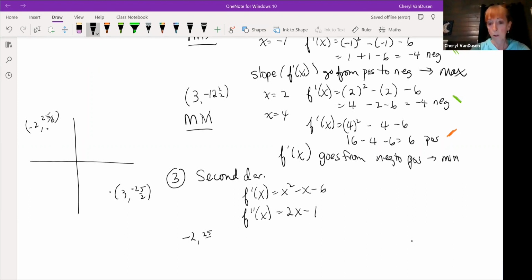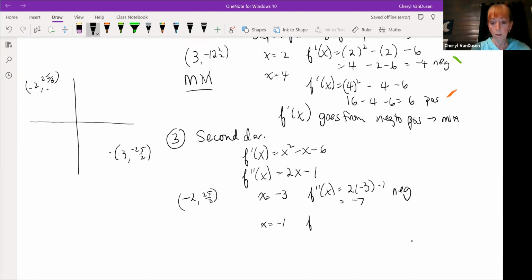We're going to go to x equals minus 3, which I had chosen. So the second derivative is 2 times minus 3 minus 1. Again, we're really just concerned with positive or negative, but we get negative 7, which is negative. And then we're going to go to x equals minus 1. And what does that work out to be? It works out to be minus 3.